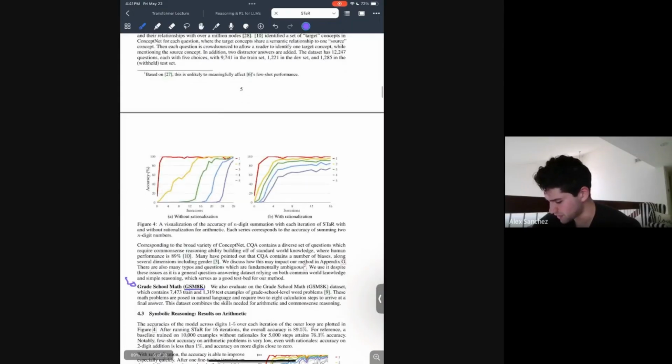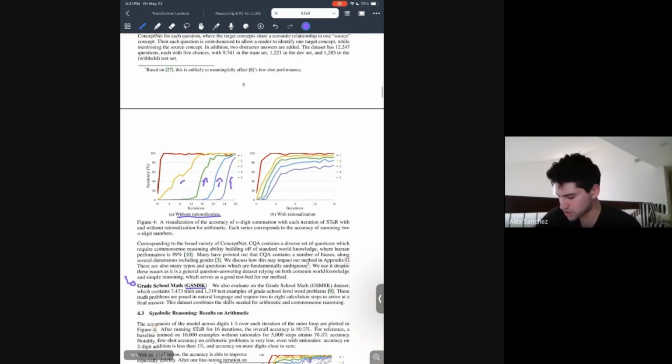But regardless, some of the numbers they found, as the iterations went on, this is without rationalization. So without basically discounting the wrong answers, you can see that the model takes more time to learn given the complexity of the question. Meanwhile, with rationalization, relatively quickly, you see the models jump.